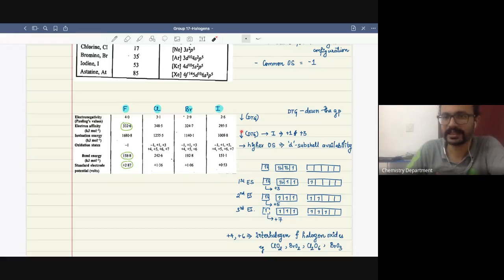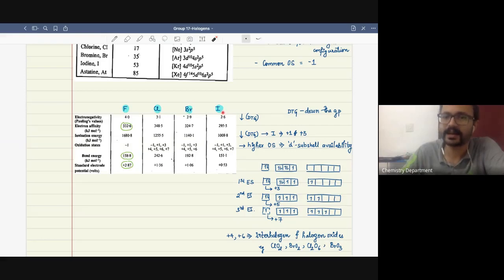So iodine has the least ionization energy value, and because of that, iodine can exhibit a +1 oxidation state as well as a +3 oxidation state quite easily compared to the rest of the elements, like fluorine, chlorine, or bromine.